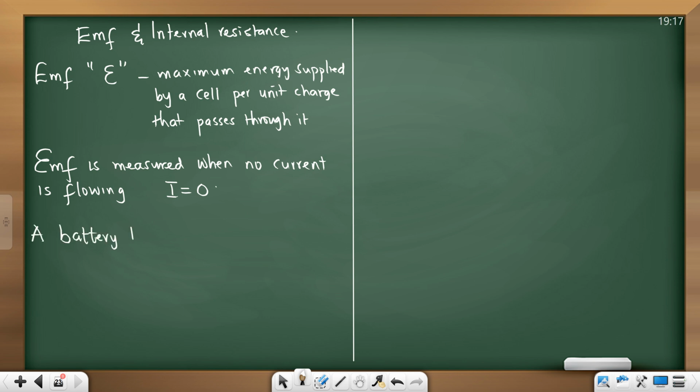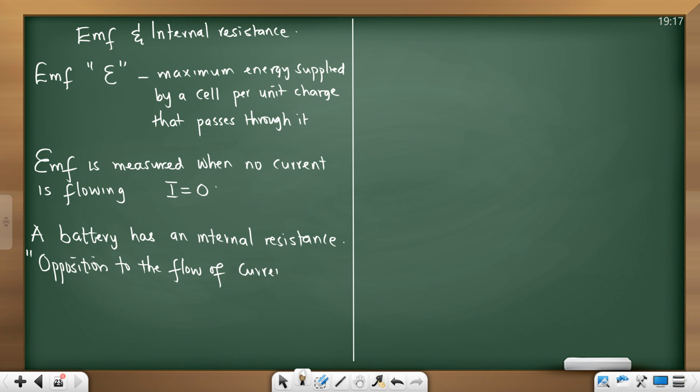A battery has an internal resistance. We did our definitions last week. That is opposition to the flow of current within the cell.